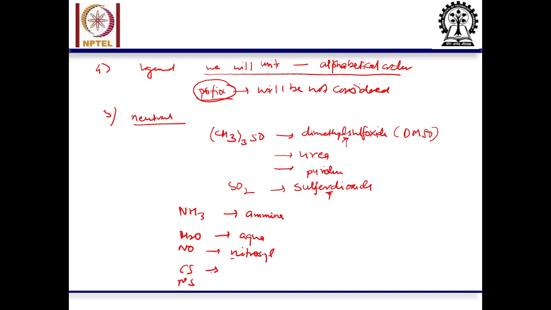For CS, we have thiocarbonyl. For NS, we have thionitrosyl. So these are the neutral ligands which have been given special names. For others, we write their name as such without space. This is rule number 5.